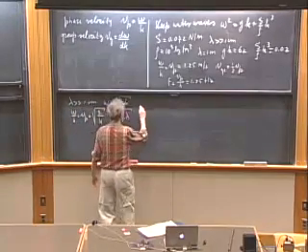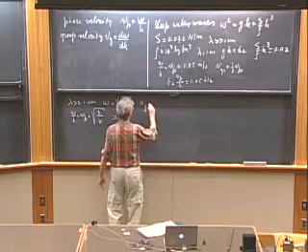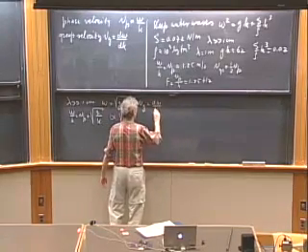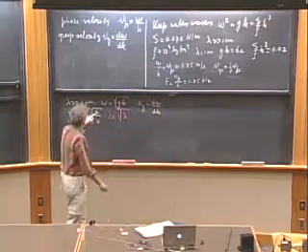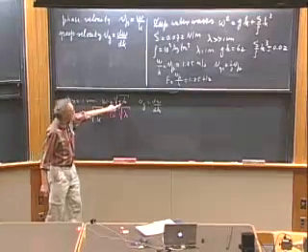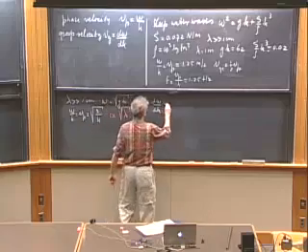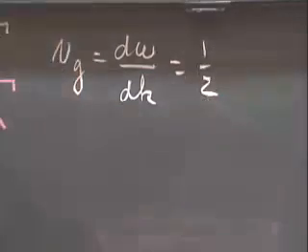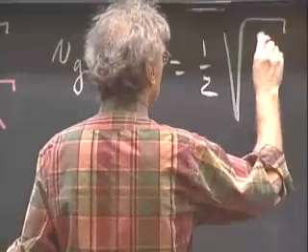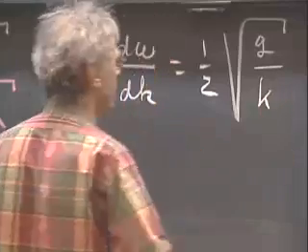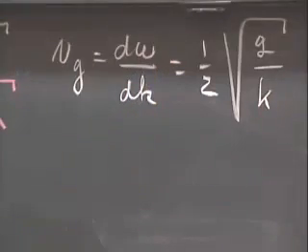What now is the group velocity? Well, the group velocity is d omega dk. So you take this one and you take the derivative of the square root of g times k. So you first get your 1/2, and then you get your square root of g, but now you have to divide by the square root of k. So you get times the square root of g over k. But the square root of g over k was the phase velocity.